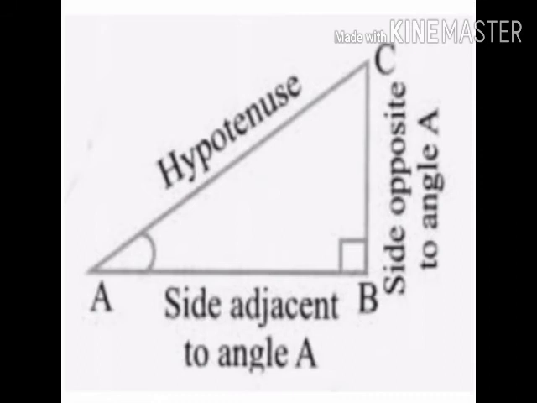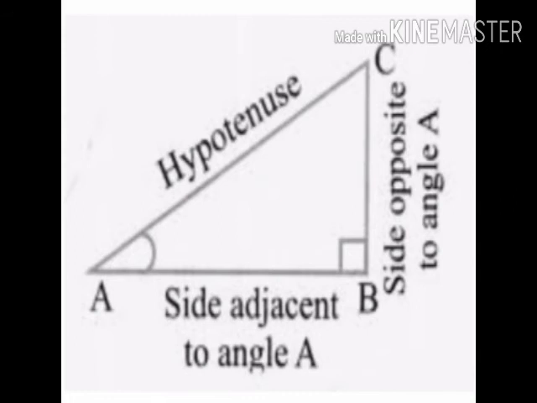Now listen, with respect to this angle A, which side is near to angle A? Side AB is near to the angle A. So this side AB is called the side adjacent to angle A, or adjacent side.